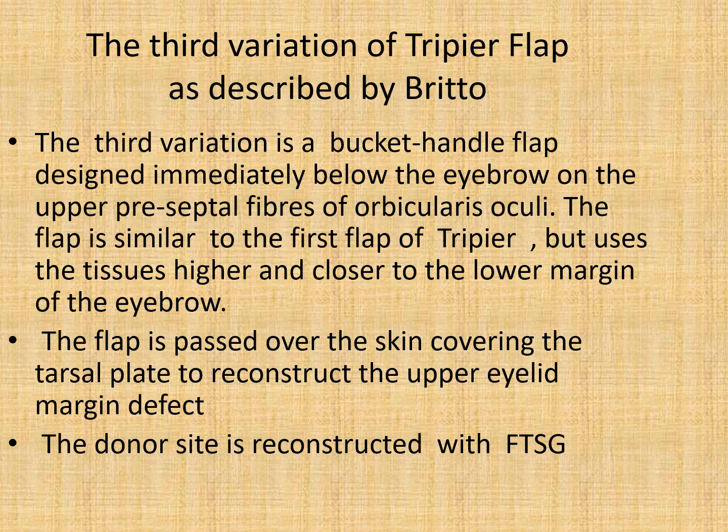The flap is similar to the first flap of Tripier, but uses the tissues higher and closer to the lower margin of the eyebrow. The flap is passed over the skin, covering the tarsal plate to reconstruct the upper eyelid margin defect. The donor site is reconstructed with FTSG.